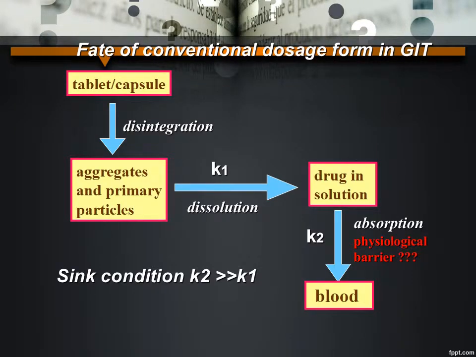So after the brief recap about the mechanism of drug absorption, we are here talking about the factors affecting bioavailability. If disintegration is the rate limiting process, then the bioavailability will be affected by the physical chemical property of the drug as well as the formulation of the drugs.